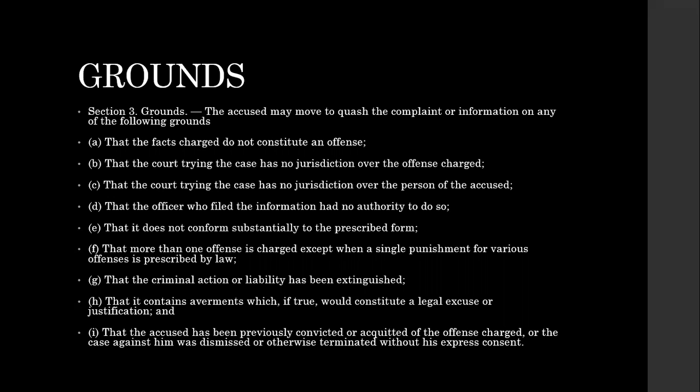So if you can still remember what are the rules. So number one is that, di ba, you should state the name of the accused, the address, and if his full name is not known, then you may write his nickname in the complaint or information, or any affiliation to which he is known.